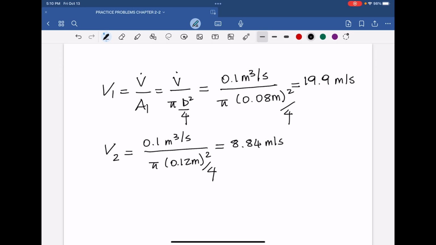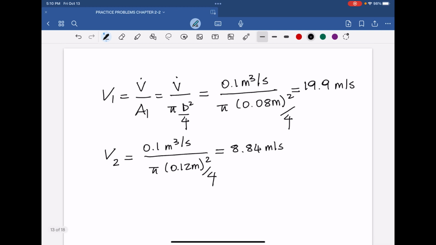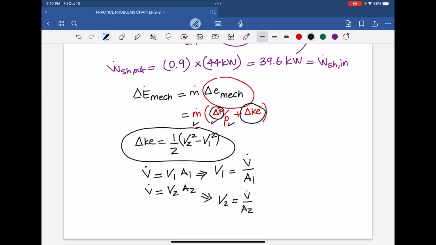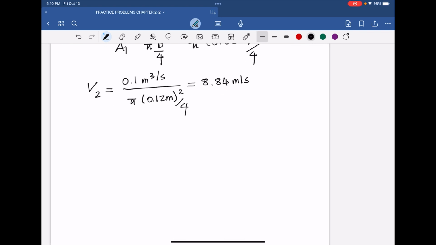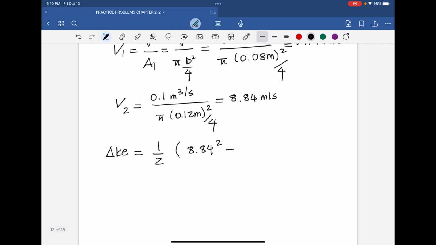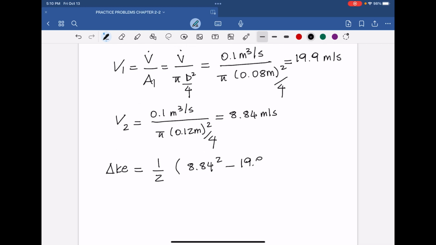So now after this, we know the velocities. We can calculate therefore the kinetic energy change. Okay, let's do that. So the kinetic energy change, remember, we need to use the unity conversion ratio.